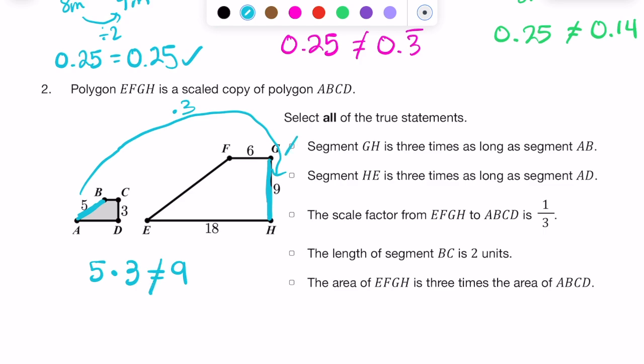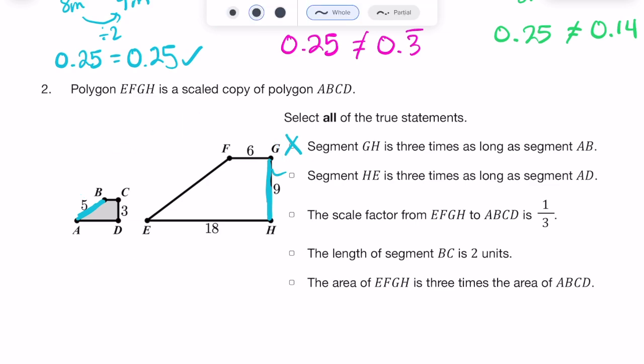No, so that one's not going to be correct. Also, these are not corresponding sides, so whatever the scale factor is, these shouldn't be related. AB and EF should be related, because those are in the same relative position, but they have to be those corresponding side lengths. Okay, so not the first one. Then we have segment HE.